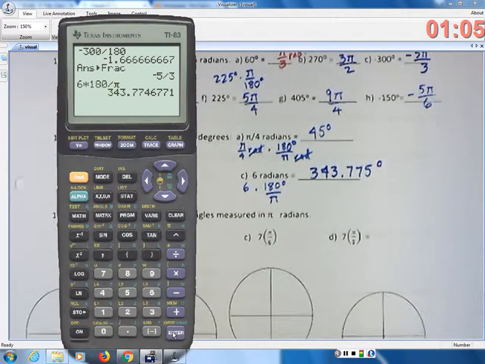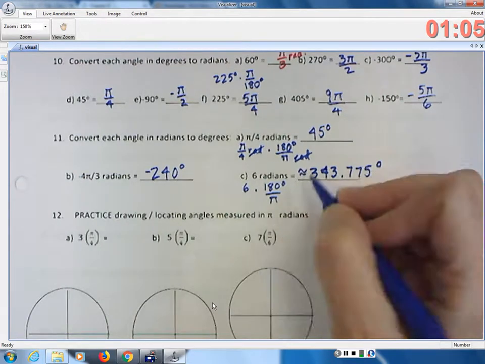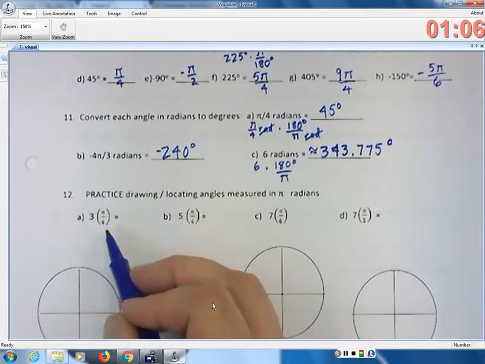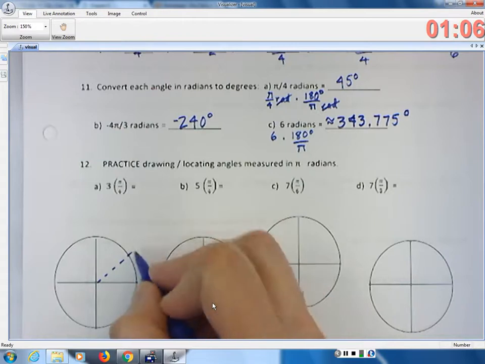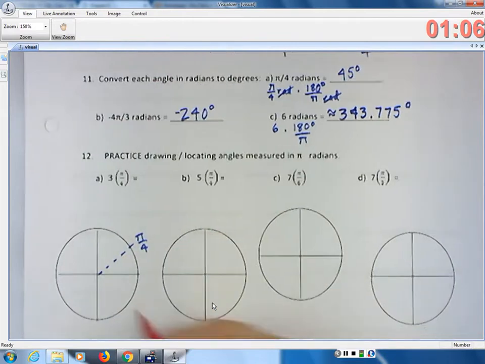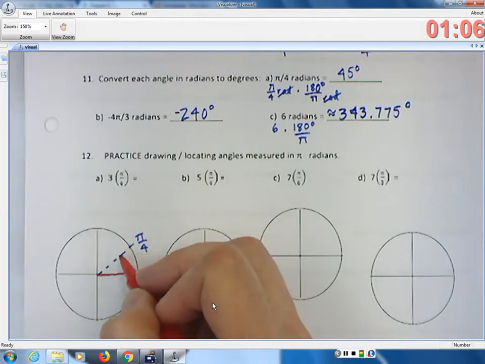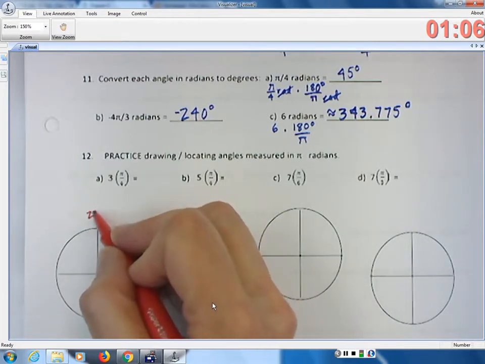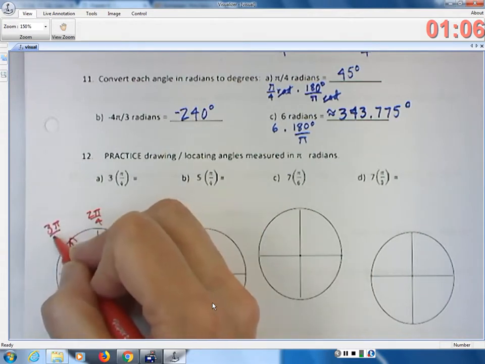So we're going to practice drawing our angles in pi radians here. Okay, so this is pi over 4. We'll stop after this page. So our initial side is here. 3 pi over 4 is here.